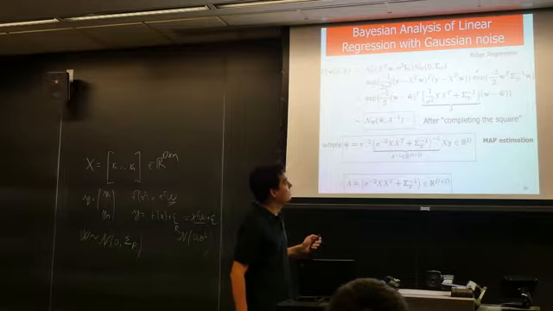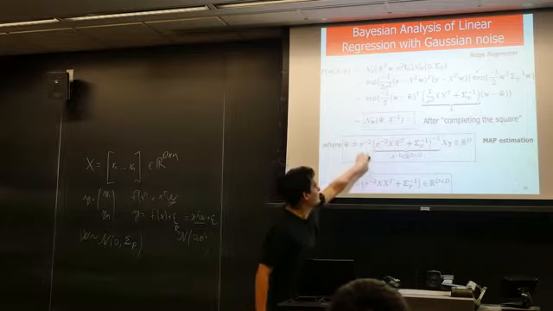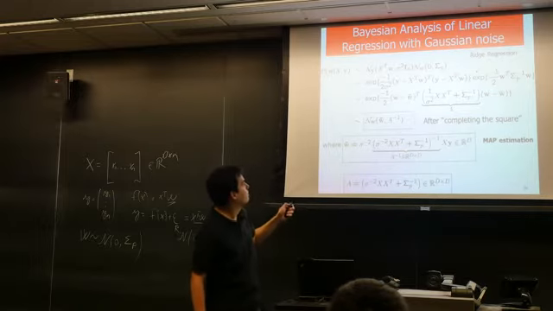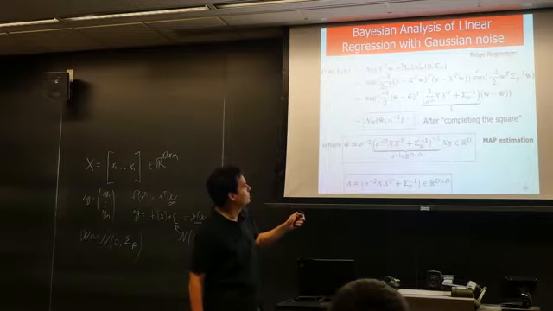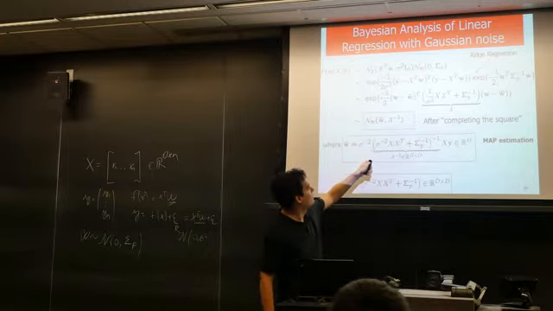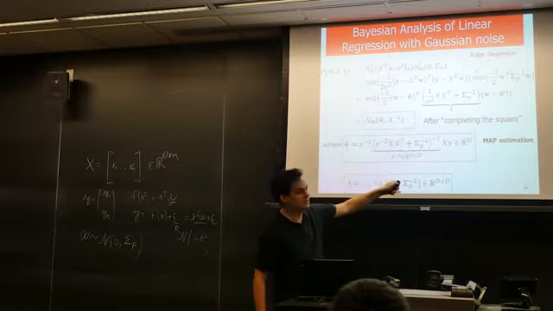So it's a quadratic in W, where I introduced two new notations, W bar and A. W bar is defined by this expression, A is defined by this expression, and then we can see that this posterior distribution will be a Gaussian distribution with mean W bar and covariance matrix A inverse, where A is defined by this.